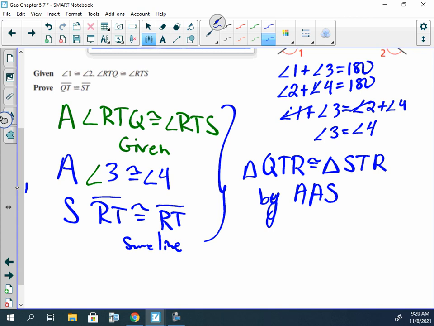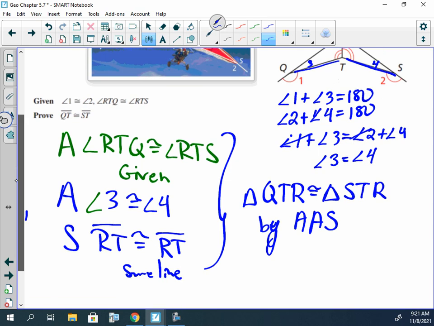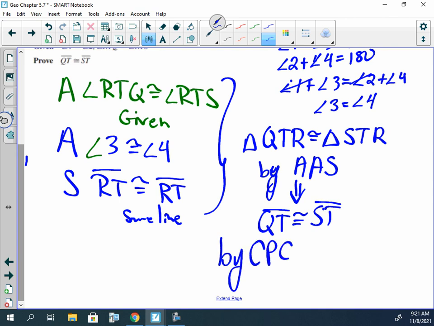Now are QT and ST corresponding parts on the triangle? Going from 3 to that T, 4 to that T. They are congruent? Yes. So from this here, we get that QT is congruent to ST. Now it would be by CPCTC.